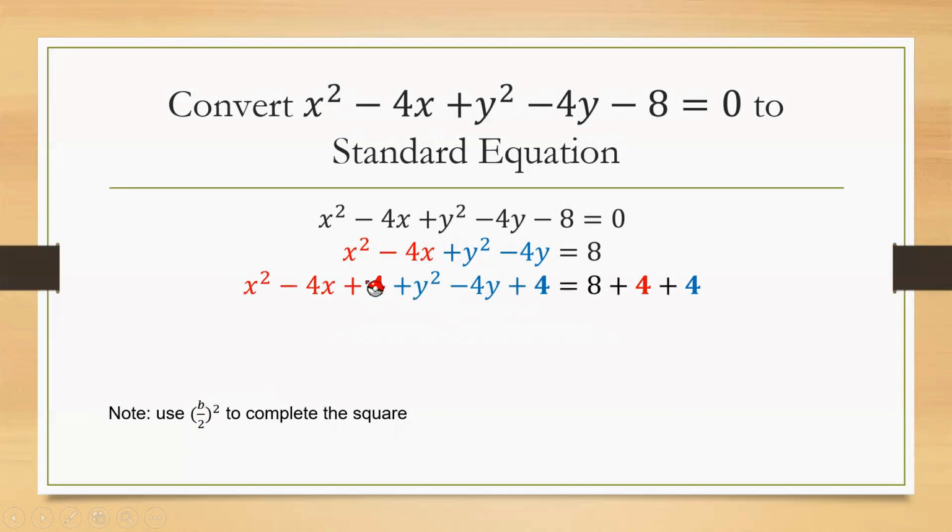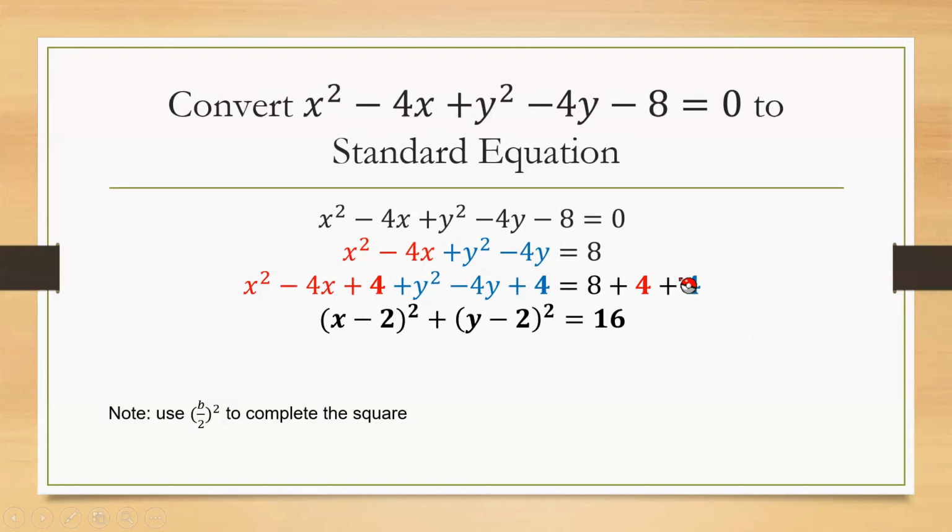So we get 4. It is also the same with our y's. -4 over 2 is -2. -2 squared is 4. So whatever numbers we add on this side of the equation, we also have to add them on the right side. So it becomes 8 plus 4 plus 4.